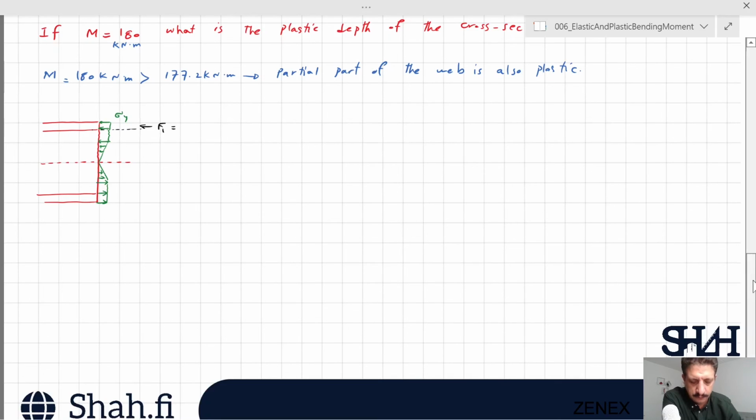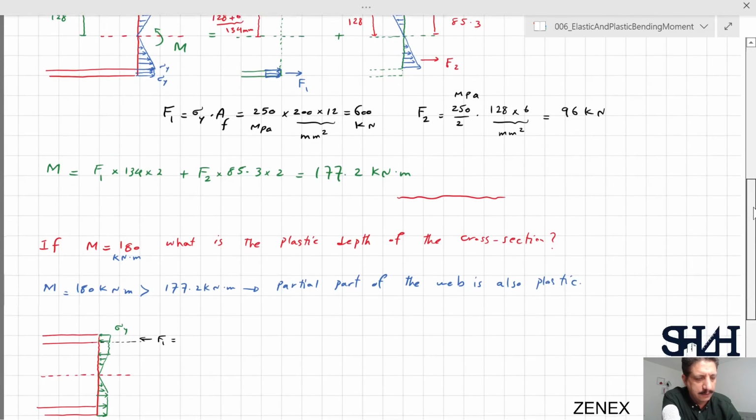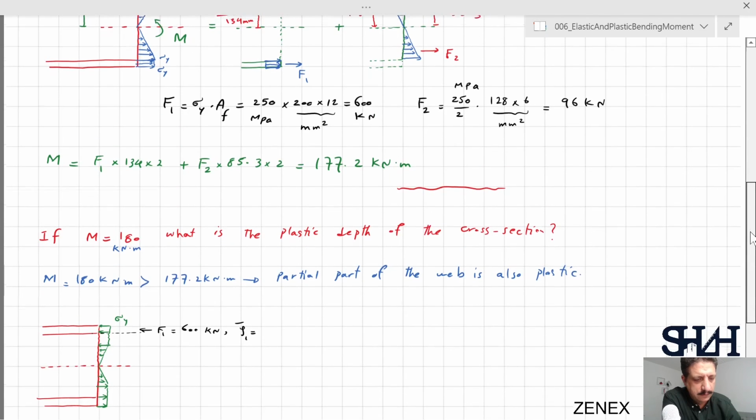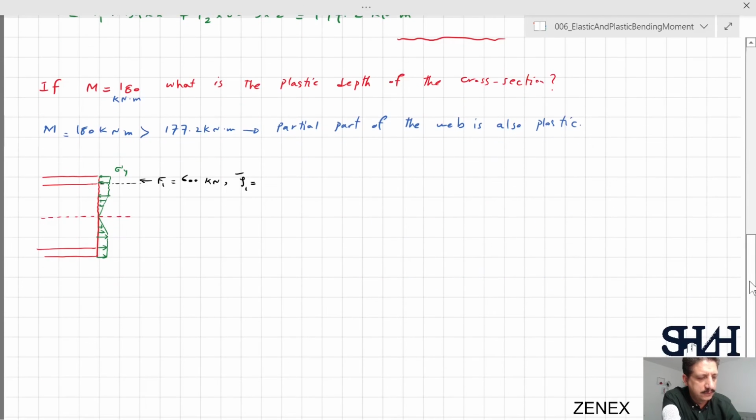F1, we are familiar with that. We have that value, it is 600 kilonewton. And the Y1, we also have it. It was 134 millimeter. And then let's say this is Y.